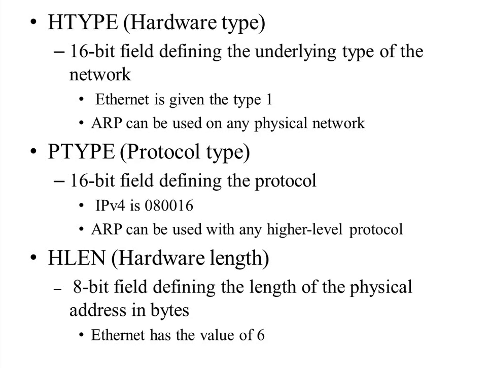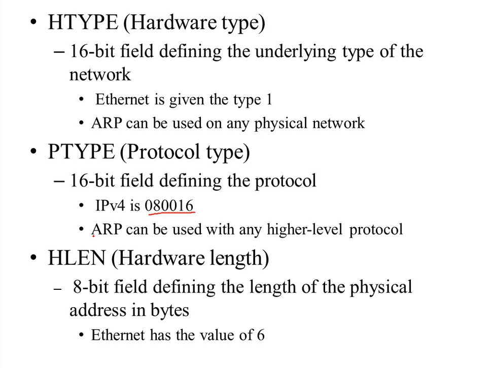Then P type, the protocol type: what kind of protocol you are using, whether you will be using IPv4 or any other version, in that case you need to identify it. So that will represent IPv4. IPv4 has a standard value defined by the protocols, so it is 800 in hexadecimal.